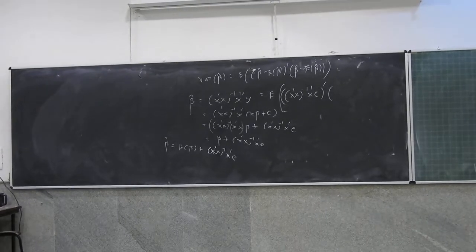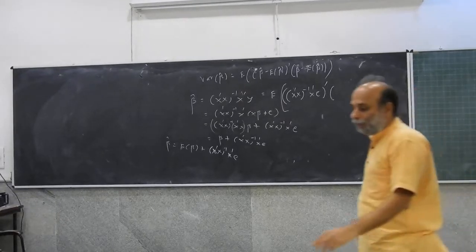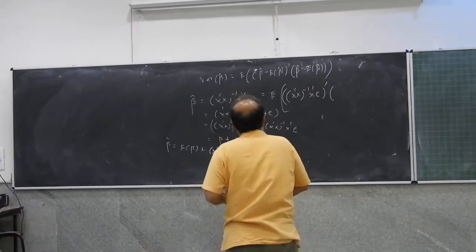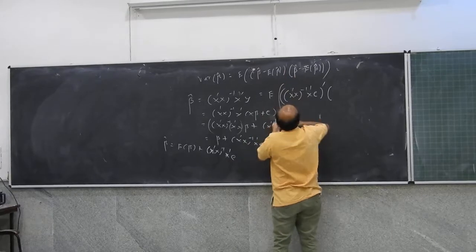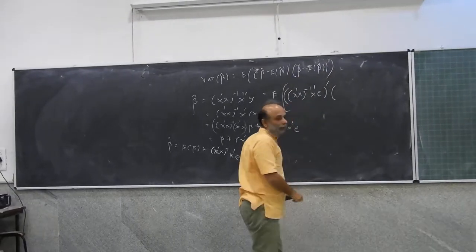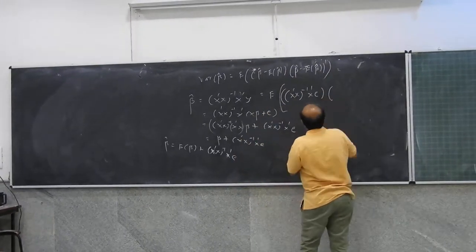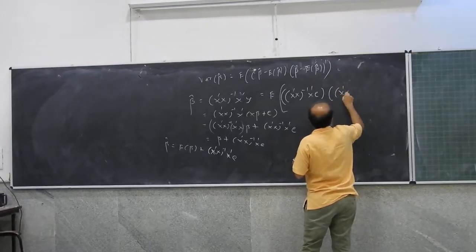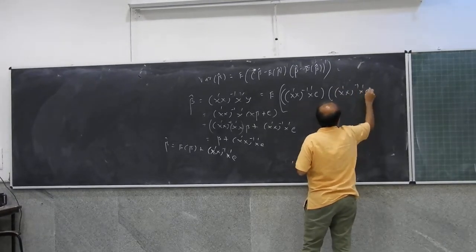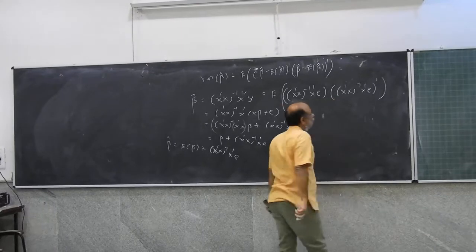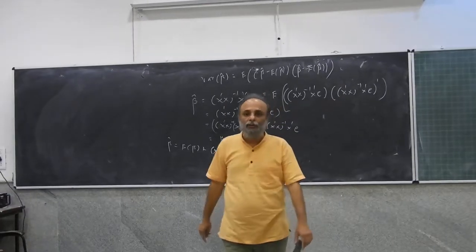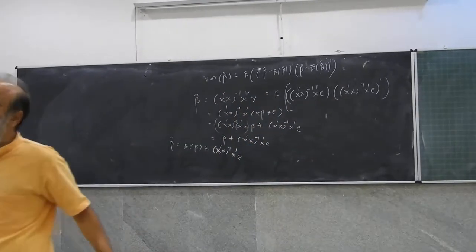It will be 2 cross 2. So this actually has to be this. Alright? Sure?